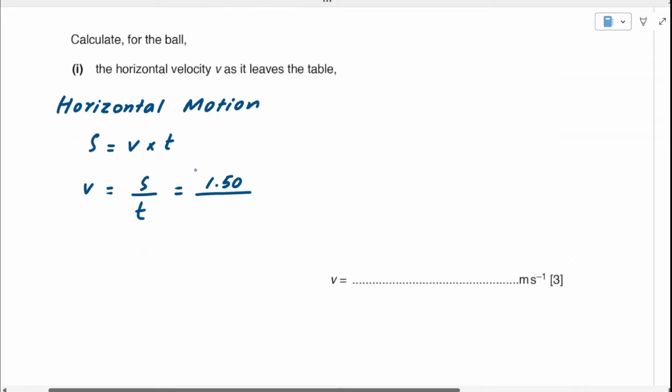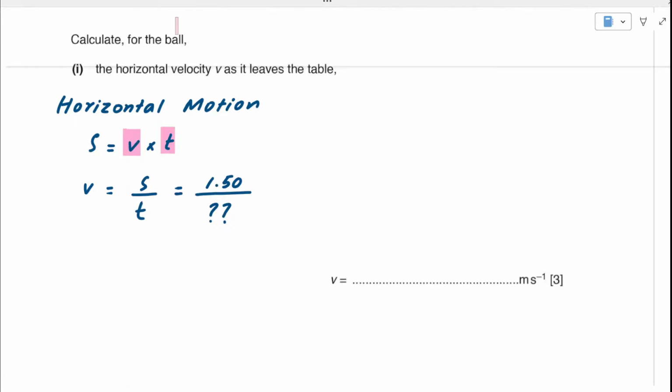Now you can't do anything through the horizontal motion because if you want to find the value of t, you only have one equation. So if you need to find the value of t, then these two things must be given. But the problem is the value of v is also unknown. So you have two unknown quantities here.